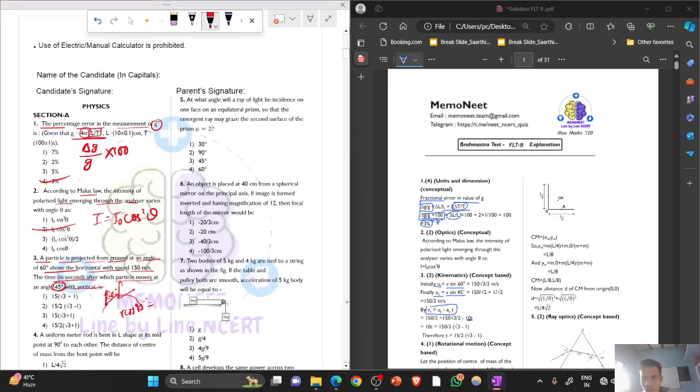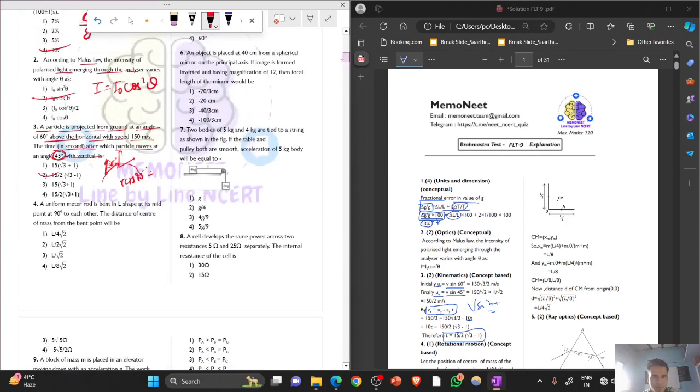So if it makes 45 with the vertical, it's simply V times sin 45. That will be your Vy. Putting in the Uy and the acceleration, that is g equals 10 meter per second squared, which you can take if not given, and solving it out you get t equals this value. From your options the correct answer will be option number 3. Now moving ahead to the next question.